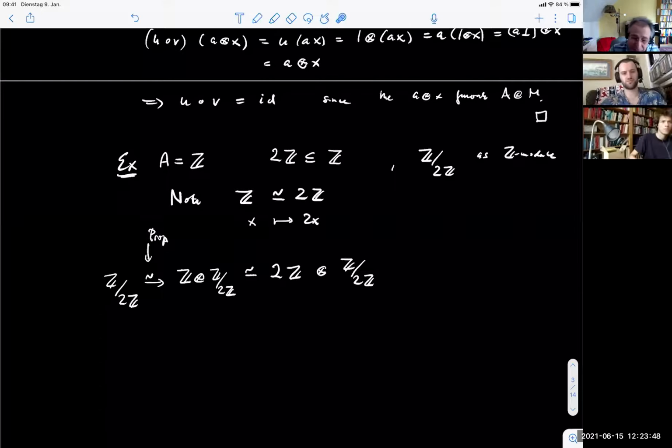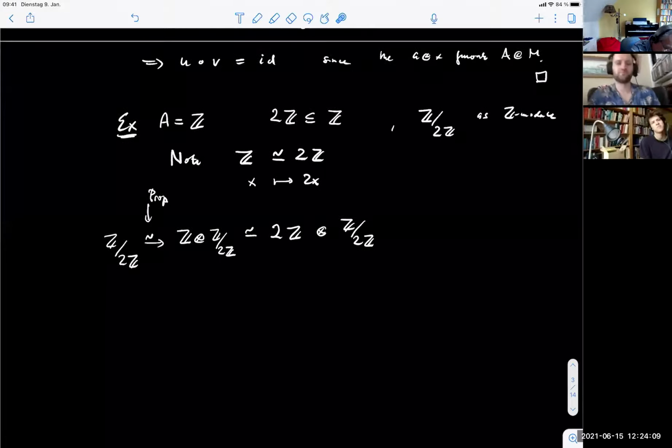It says my internet connection is unstable, but can you still hear what I'm saying? Okay, good. Now let's have a look at this funny map. I claim I have a map to the integers tensor Z modulo 2Z.